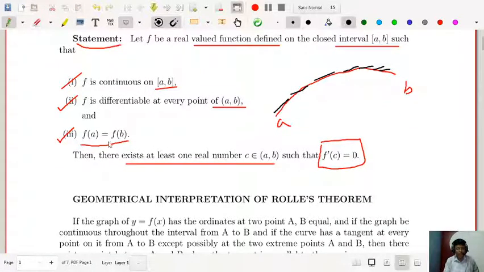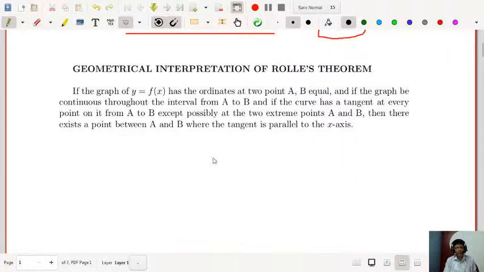The third point is f(a) equal to f(b), that is, the ordinates at a and b should be equal. Then there exists at least one point, maybe more than one, c belonging to the open interval (a,b) such that f'(c) equals 0. Let us have the geometrical interpretation first for clear understanding.